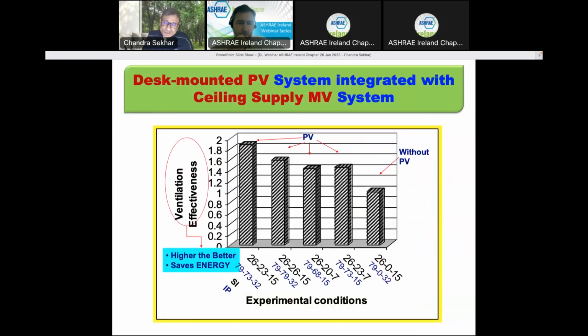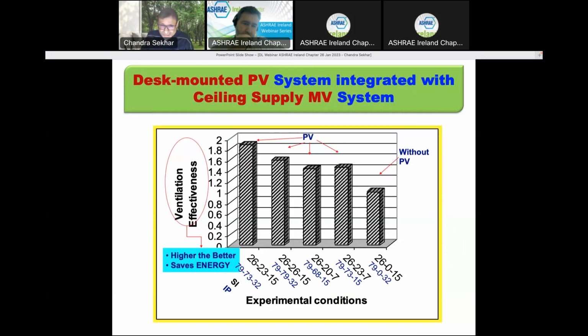And what we notice here, this is just an example from another research presentation I do purely on personalized ventilation. This is talking about increased ventilation effectiveness. For instance, these 4 bars refer to experiments that were done when we use personalized ventilation. This is the background temperature of the room, and this is the personalized air right in front of the person, the breathing zone.